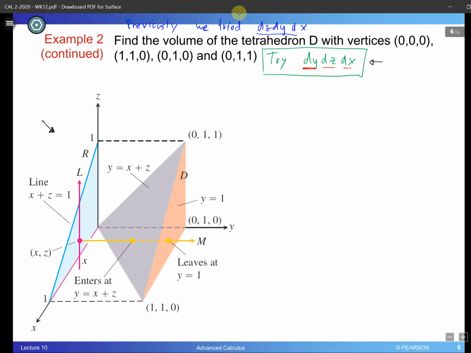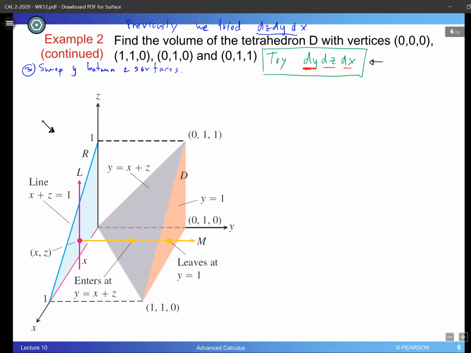Okay, this is going to be different than what we had before. So let's start with that. Sweep the first variable. So you can make a note right here. Since this is important, I'm going to put it right here. Sweep y between two surfaces.